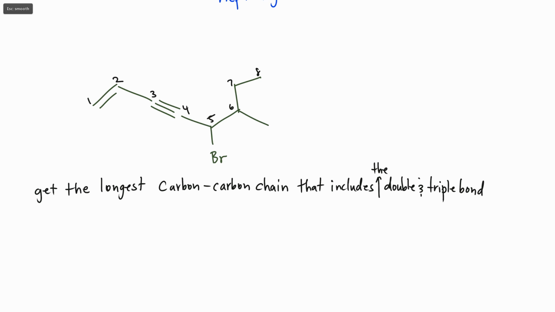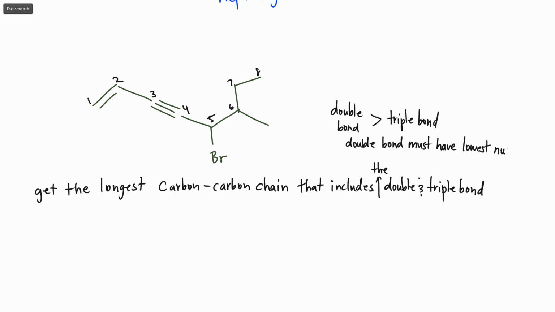Now, the double bond takes priority over the triple bond. So the double bond must have the lowest number. Okay?